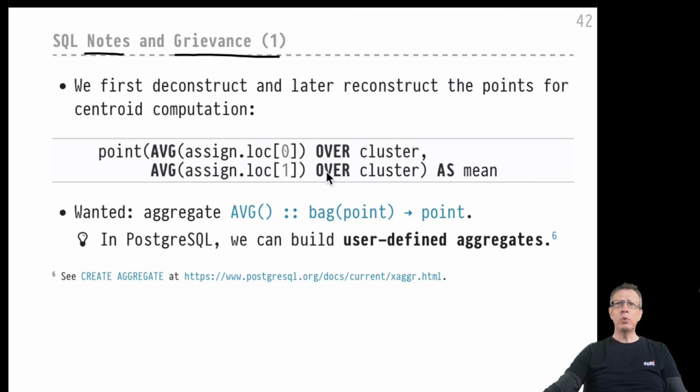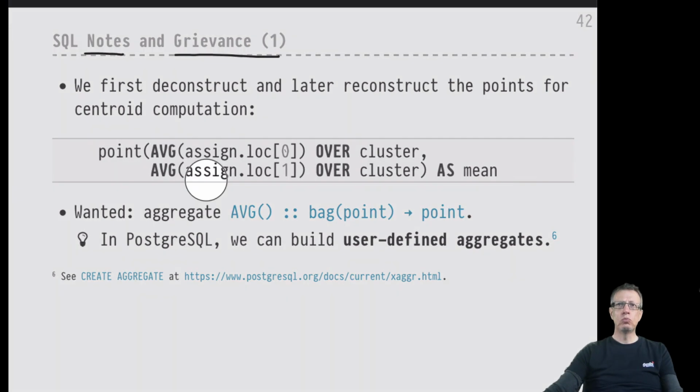And given these, we then compute 2 separate average x and average y coordinates using these 2 partition averages or window averages, right? Only to then later construct a point again from the x and the y coordinates that we have computed. So we would first deconstruct the points and then later construct a point again.